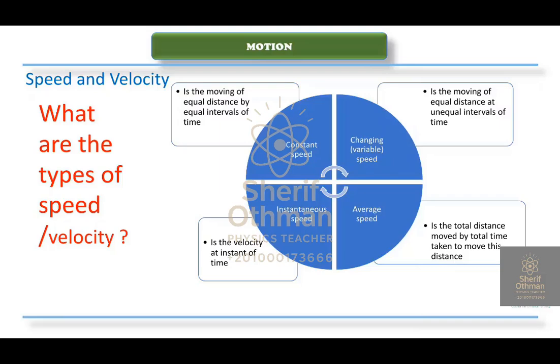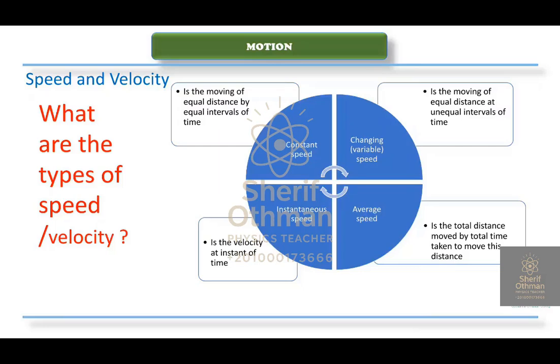Average speed is found when you move with changing speed. So you are unable to decide what is the speed at which you moved during your journey. So I will say that I started my motion from my house to the school. I said it's a trip from 6 a.m. and reaches the school at 6:30.